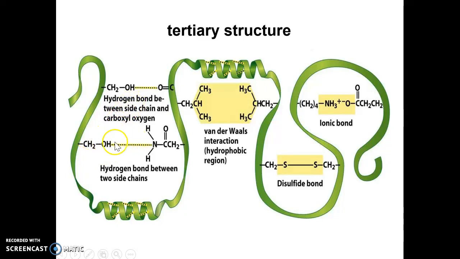So either between the backbone O's and H's or N's and H's, or between two R groups. We'll also see some ionic bonding between R groups, where a negative R group and a positive R group are going to be able to interact with each other.